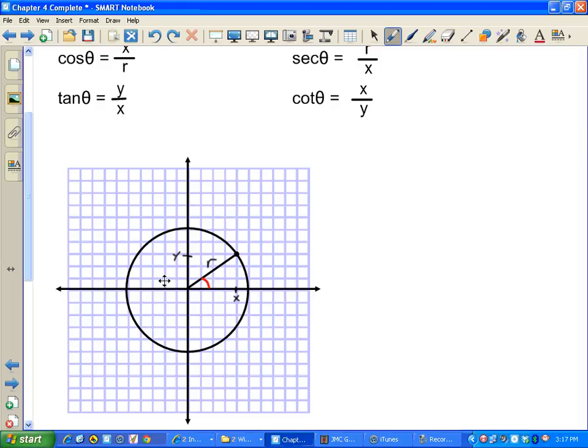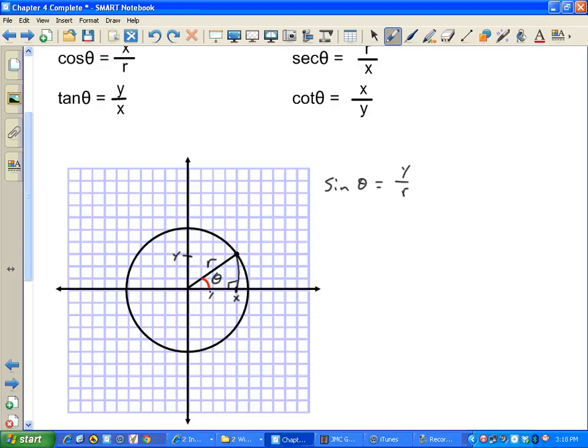So if I want to find the trigonometric values of this, we'll call this theta. If I want to know the sine of theta, I need to take the y value and divide it by the radius. Well, in order to find the radius, we're going to have to use the Pythagorean theorem, because what I've got is a right triangle here.